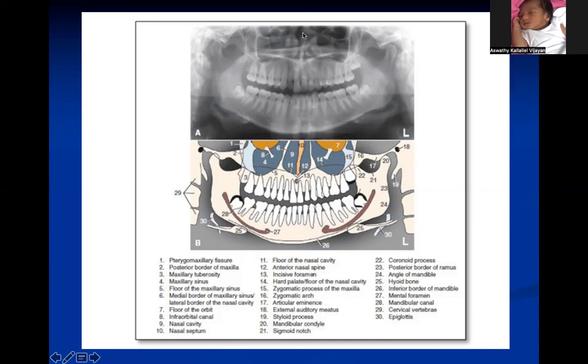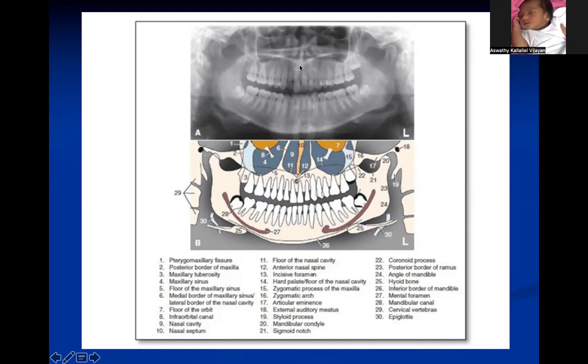Then we have the nasal cavity. This is the nasal cavity where we can see the nasal septum, the nasal fossa, then the wall of the nasal cavity. Then we have the floor of the nasal cavity. Here the floor along with the floor of the hard palate also can be seen at this region.